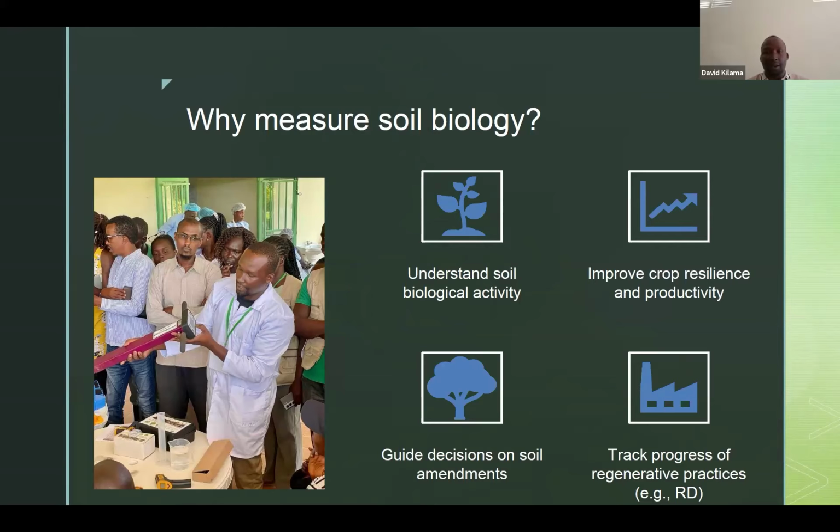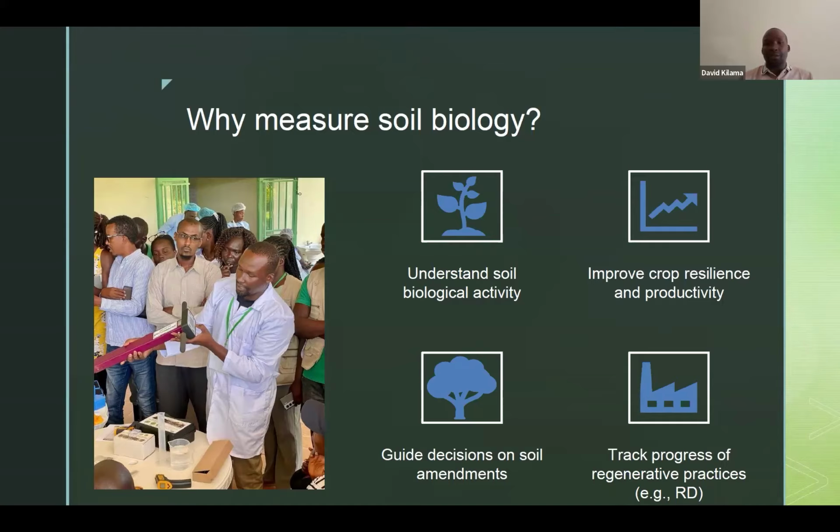As Warren has been explaining, all the conversions that happen within the soil are because of these microorganisms. So you need to know the activity, and knowing the activity of the biological science behind the soil helps you understand how healthy and how productive the soil is.